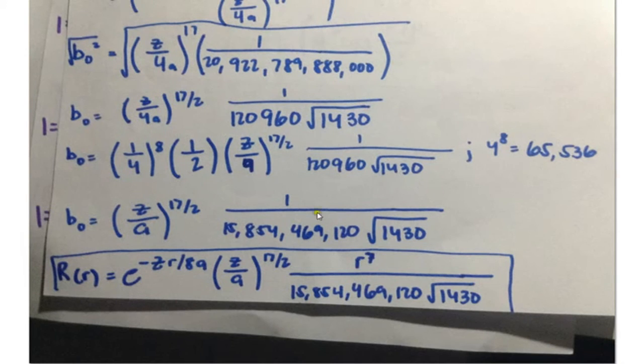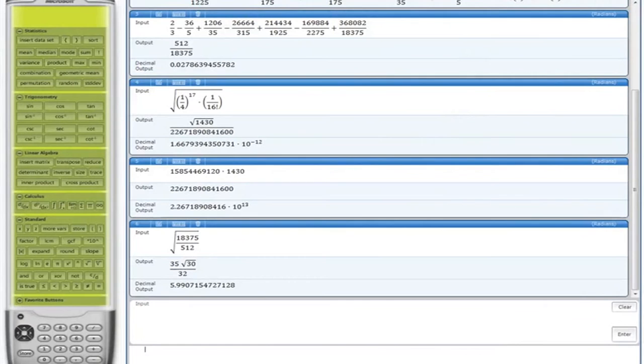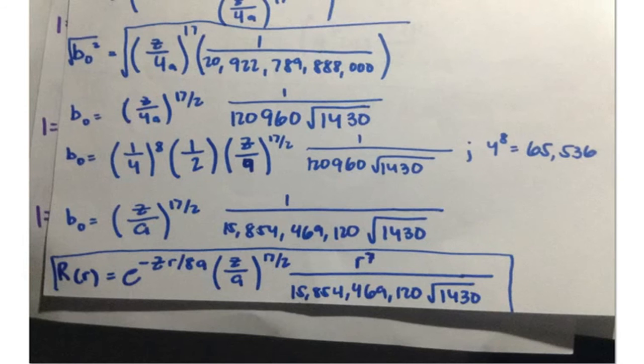So for me, when I simplified it, I got Z over A times 17 over 2 raised to 17 over 2 multiplied by 1 over 15,154,469,120 multiplied by square root of 1,430. In the calculator that I used, it got this value, since again it multiplied the one that I got with square root of 1,430 over square root of 1,430.